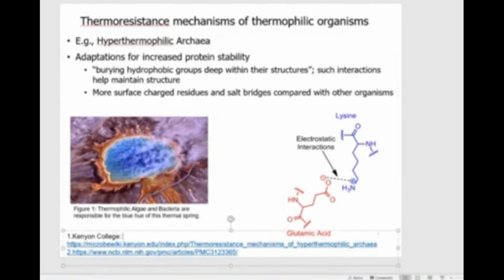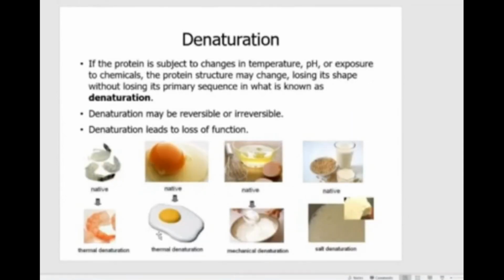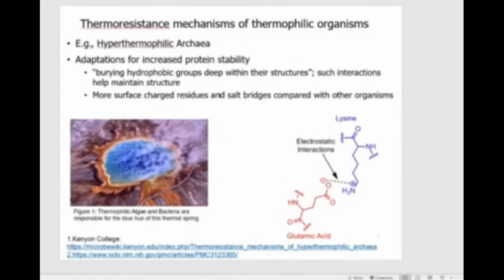We just looked at a lot of examples where heat can destroy protein. So what happens to these bacteria? How come they're not damaged? Their proteins can still function. That's why they're still alive and they live happily in those very hot environments. This is how it works.